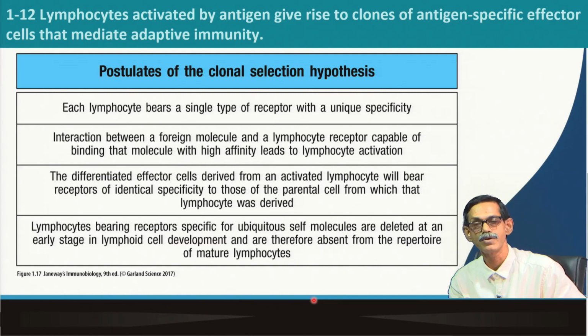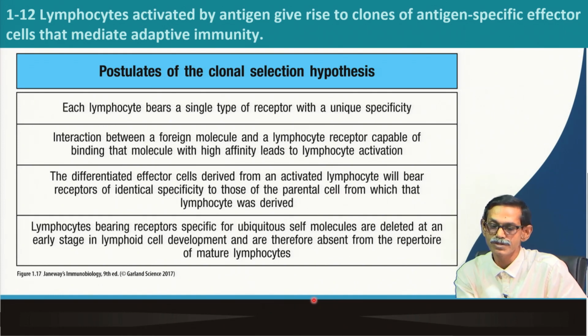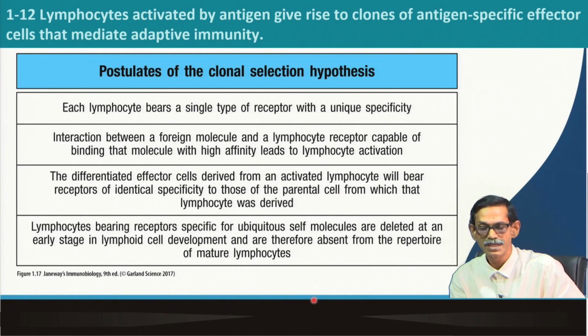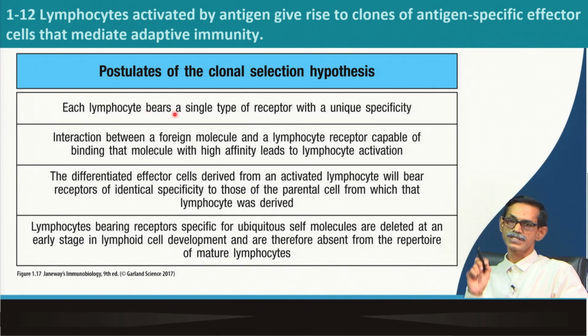Okay. This is very important, because this is the key principle of saving our self cells and self antigens, not doing any harm to self, but doing harm to the foreign, the pathogens or microbes. What are the postulates of this clonal selection hypothesis? Each lymphocyte bears a single type of receptor with unique specificity. That is very important.